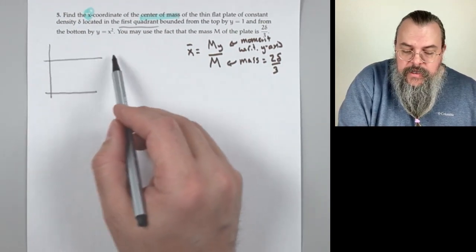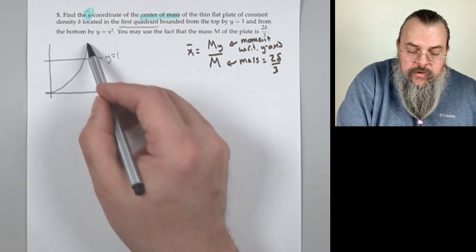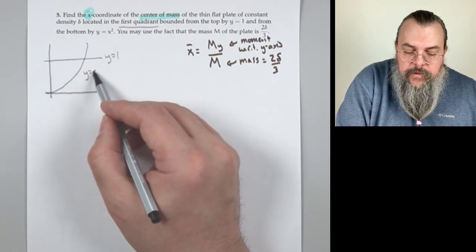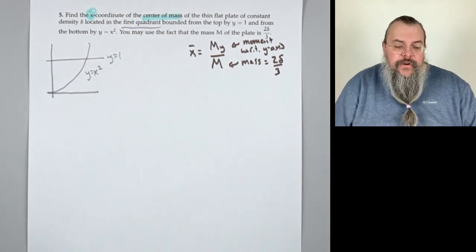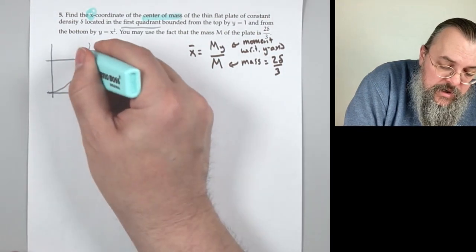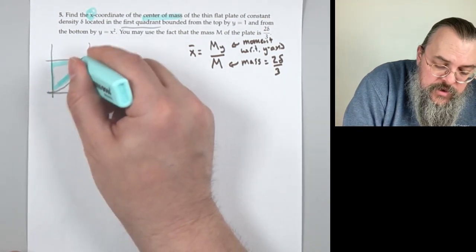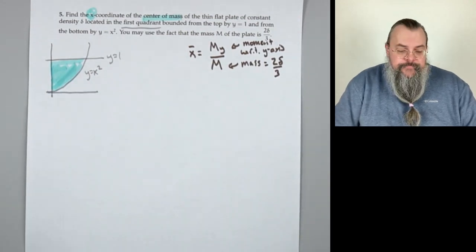The top is y equals 1, the bottom, y equals x squared. And, well, y equals x squared, very popular on this exam. And so, we say, all right, great. So our little thin plate has that shape to it.